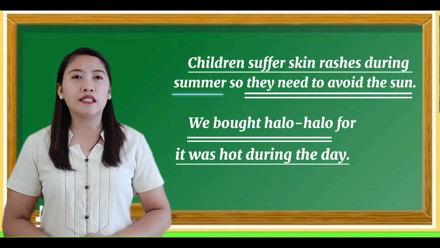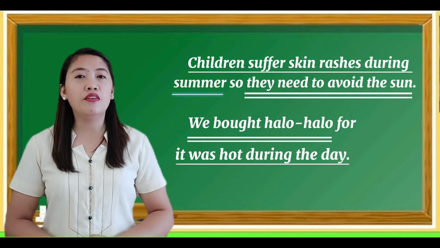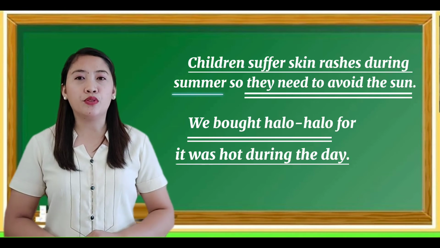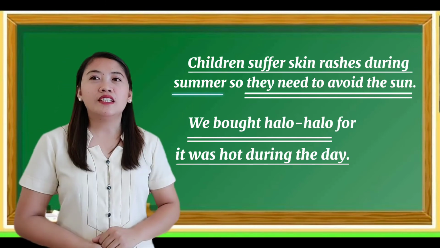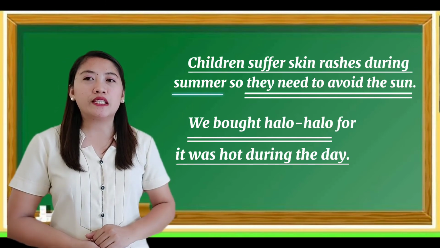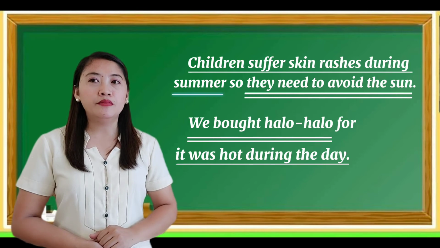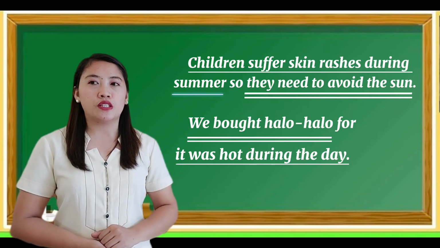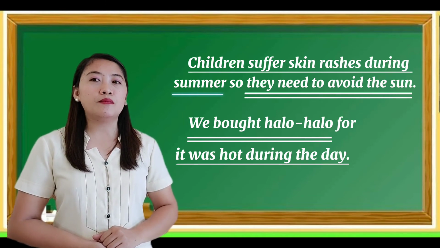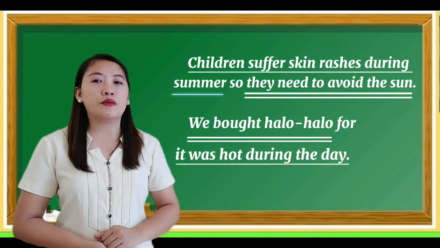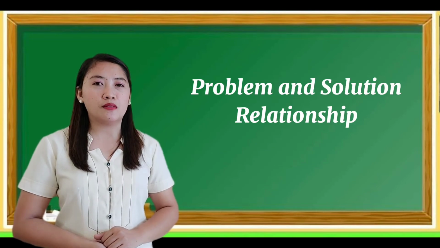You will notice that the two sentences above are originally examples of compound sentences showing cause and effect relationship. The independent clause with single line is the problem, and the other clause with double line is the possible solution. In other words, the compound sentences above are examples of a problem-solution relationship.